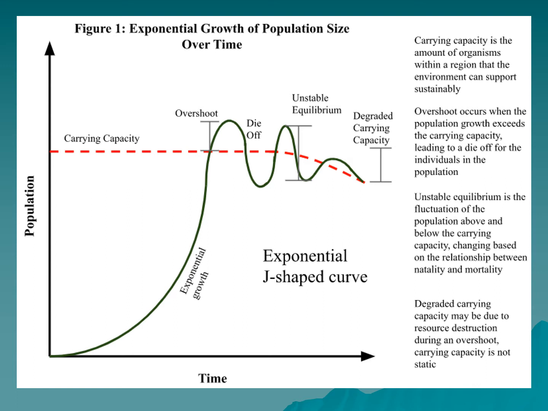And usually what happens in that case is the population will overshoot a little bit, it will die off a little bit, and then it will increase again, and it starts doing this wobbling right around what we would consider to be the carrying capacity. And eventually it will level off a little bit, and the carrying capacity will decrease a little bit also because those resources are continuing to be used up. But basically this is what graphs look like for populations as they reach carrying capacity.